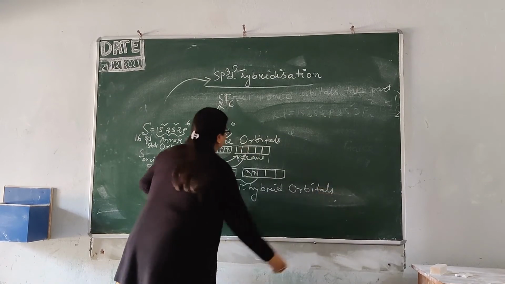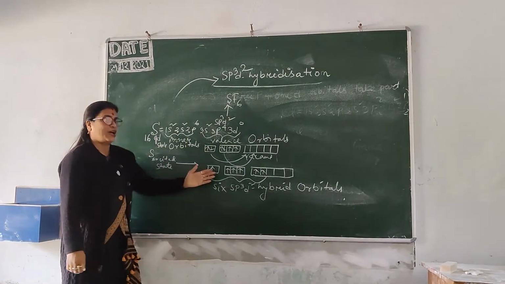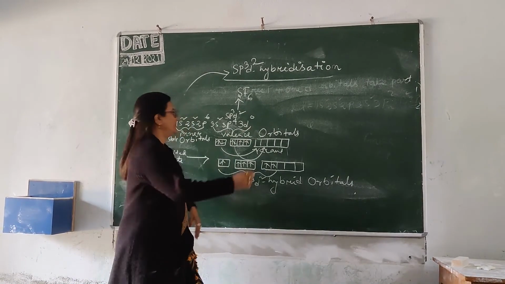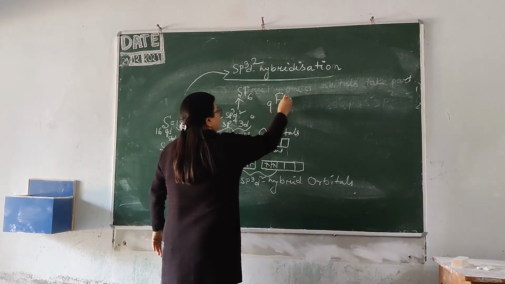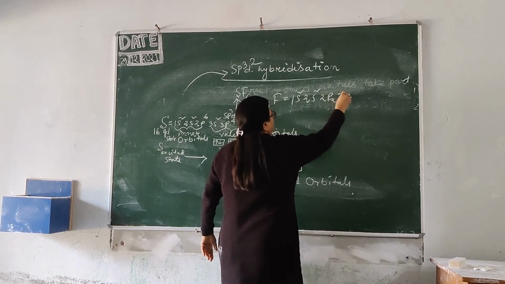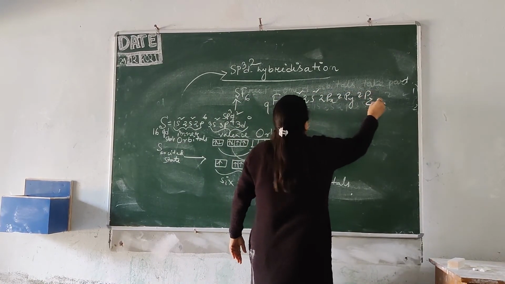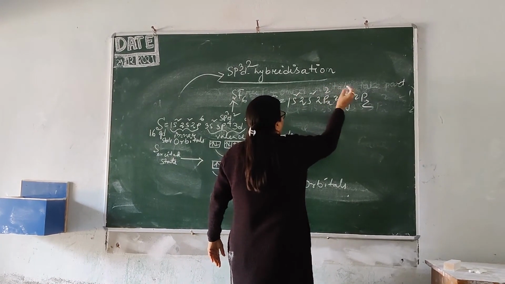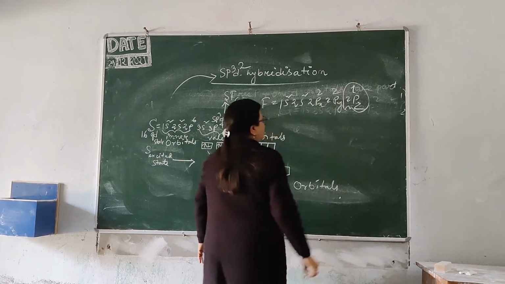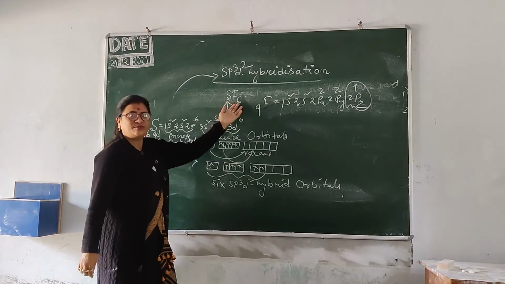These 6 half-filled sp3d2 hybrid orbitals will combine with the fluorine 1s2, 2s2, 2px, 2py, 2pz. That means 2, 2, 1. This is the half-filled orbital of fluorine atom. We have 6 fluorine atoms.